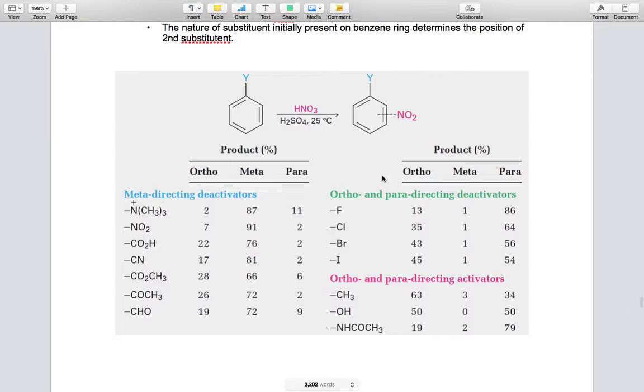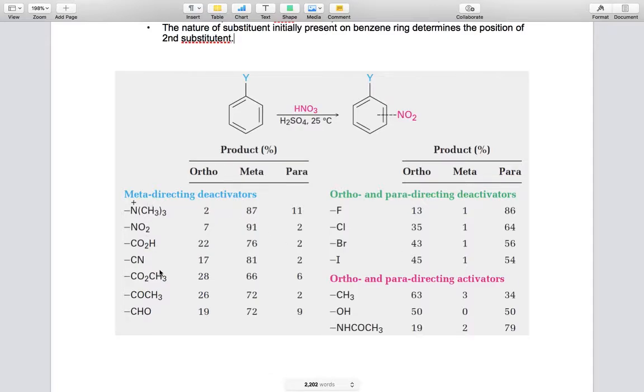To guide you on how to predict the product, we have this table here. You should write this on an index card so you can always read it, become more familiar with it, and study more easily.